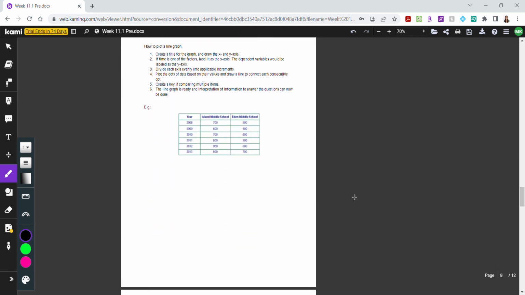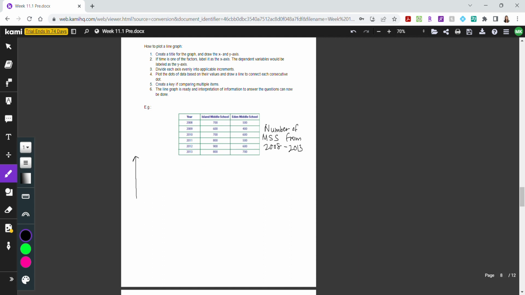Now we're just going to go straight ahead into building that graph. So again, as usual, I want to create my title. I'm going to write on the side here: number of middle school students from 2008 to 2013.